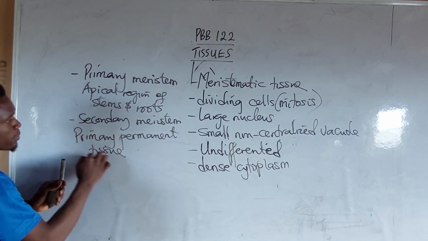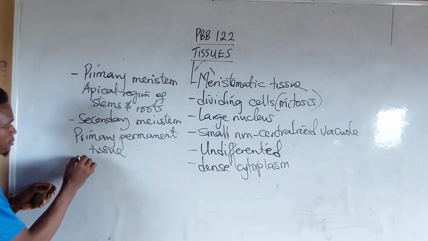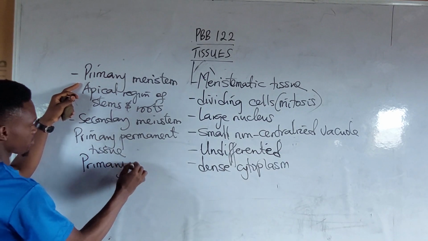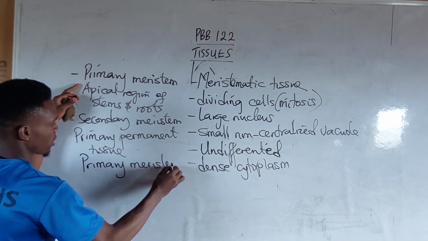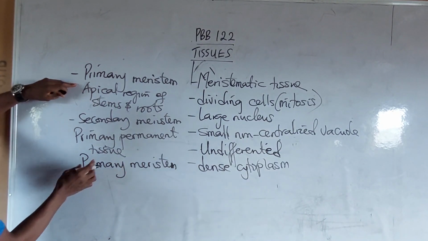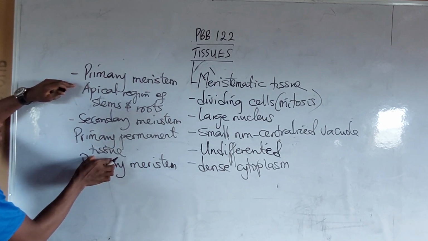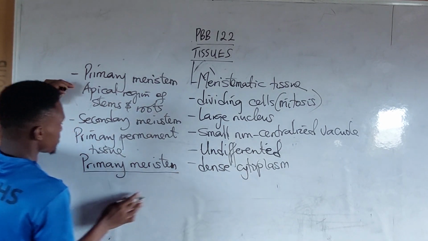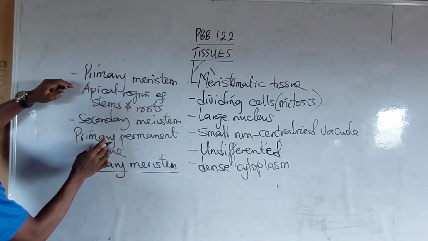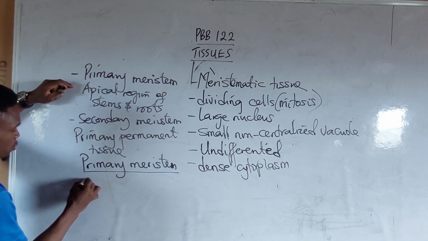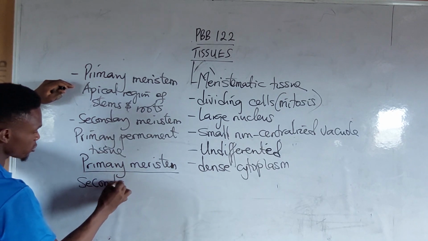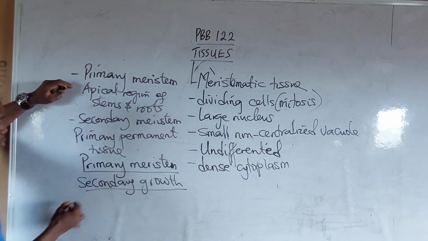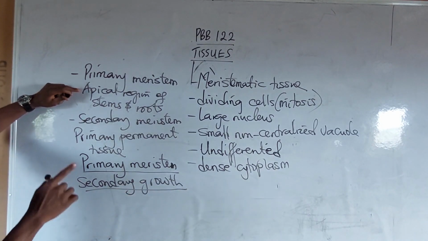Now, this primary permanent tissue is formed from the primary meristem. Alright, so this primary permanent tissue is formed from what? The primary meristem. Now, the function of the secondary meristem is to enhance what? Secondary growth of the roots and stems. Now, take note of that.